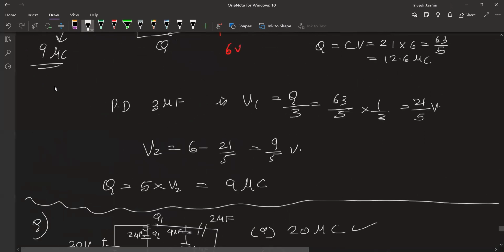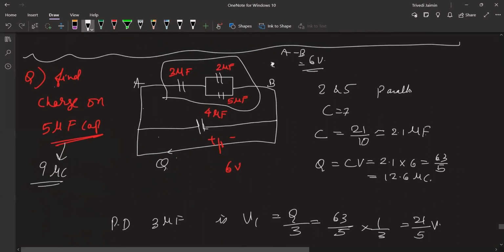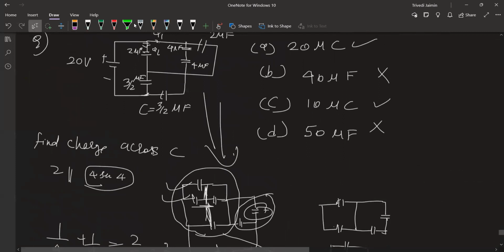Now it is similar. Yes or no? Can you solve it now? Guys, can you solve it now? Are you able to understand?